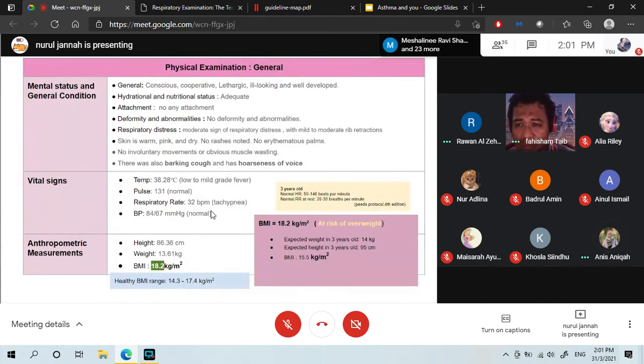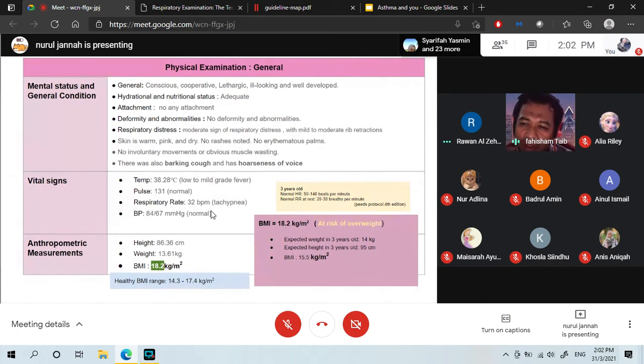Upper airway. Where is that exactly? Raman, what do you think the problem is? Laryngeal and trachea. Yeah, like epiglottitis, laryngotracheobronchitis, pharyngitis, so the upper airway issue.